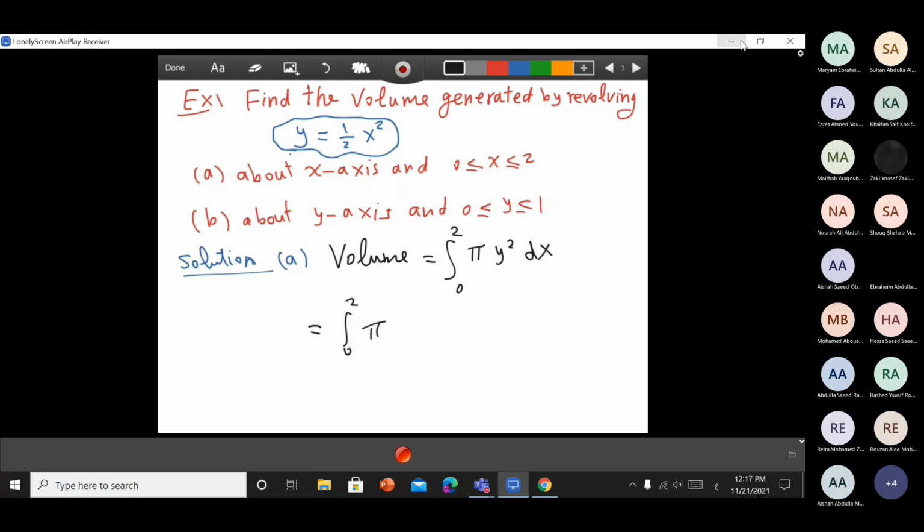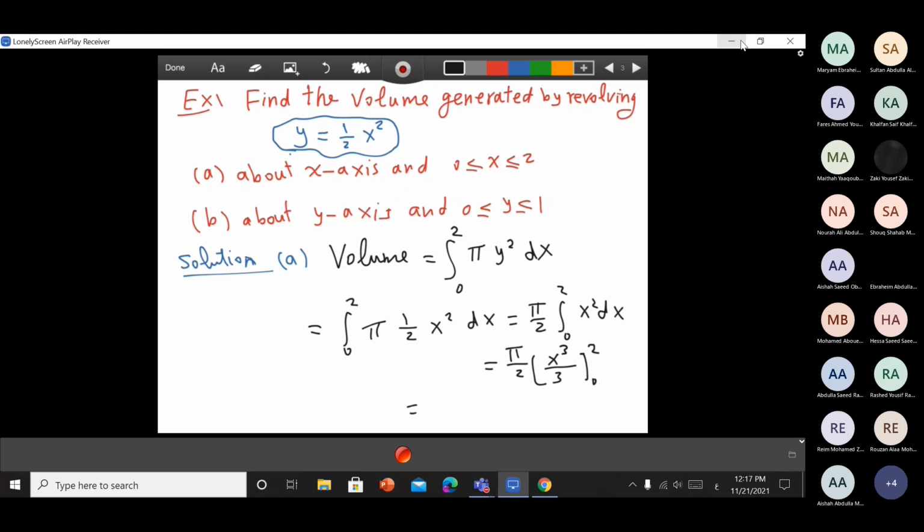Y is half x squared, dx. You can do this one straightforward with your calculator, or you take the constants outside and you integrate x squared dx. So the integration of x squared is x to the power 3 over 3. Don't forget to write the lower and upper bound.